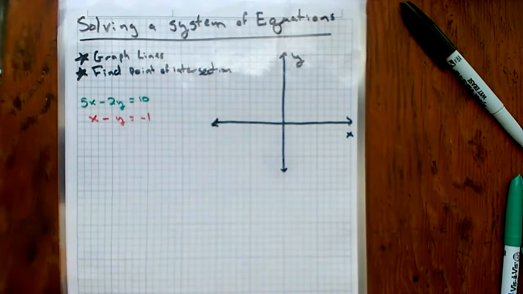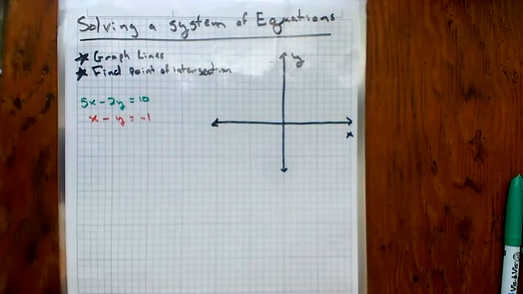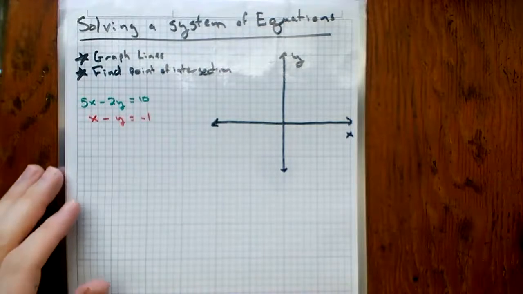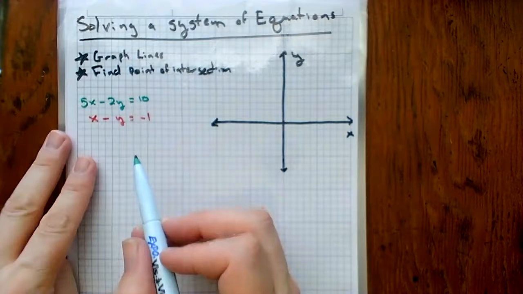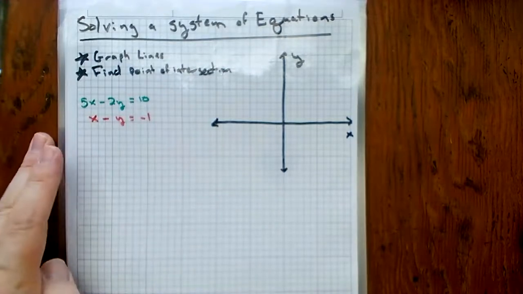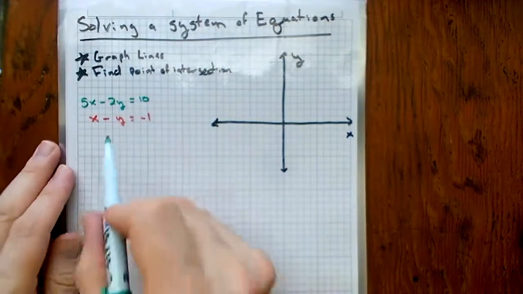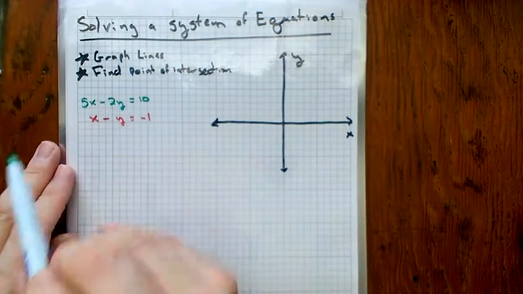Now, graphing lines seems like it would be very difficult, but it's actually pretty straightforward. The thing that we're going to remember is you only technically need 2 points in order to graph a line. But three is good. But here's the thing.